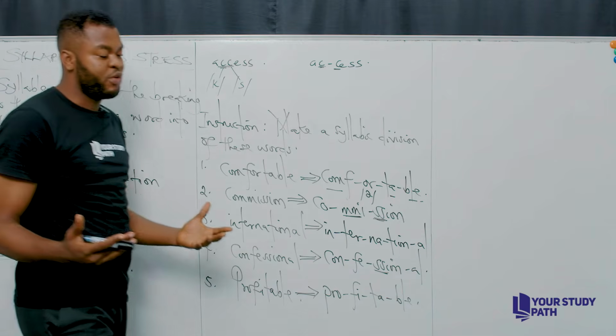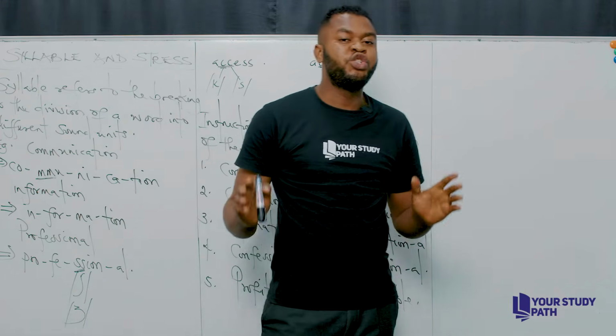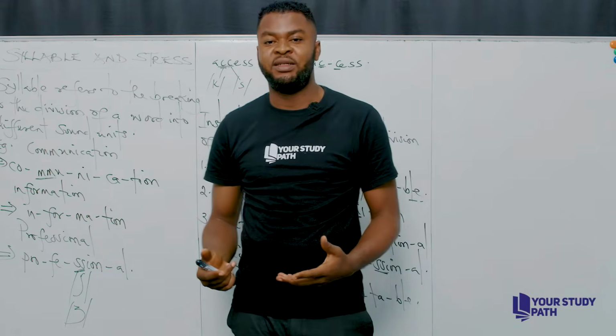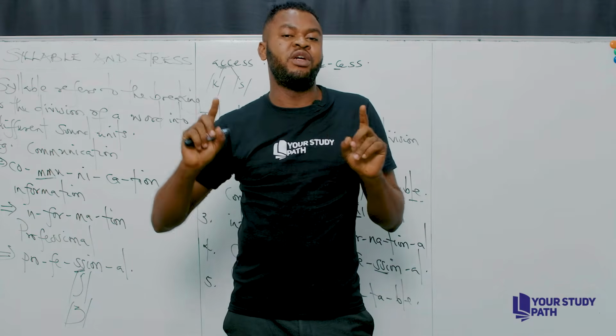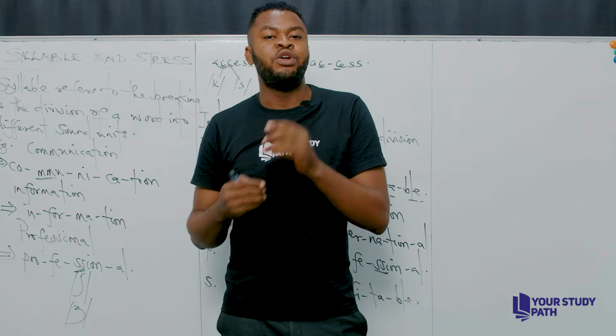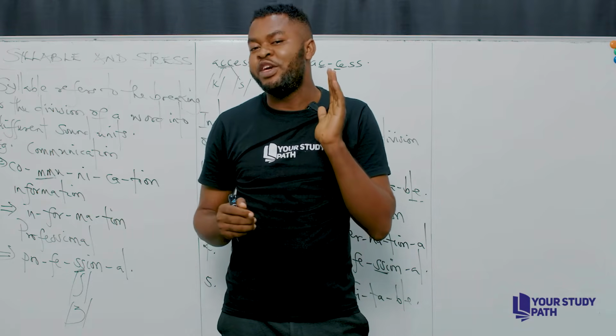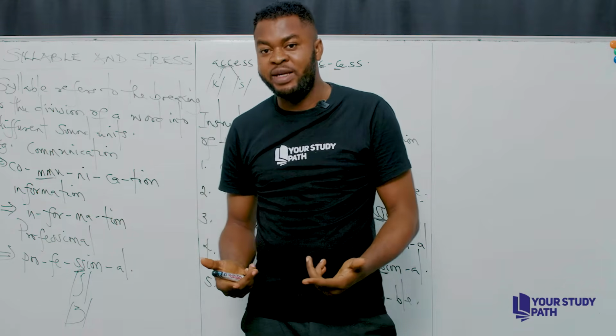Let me ask you a question. If a word contains just 1 syllable, what do you call that? A word that contains just 1 syllable, what would you call that? Let me hear you. Monosyllabic word, right? That's correct.